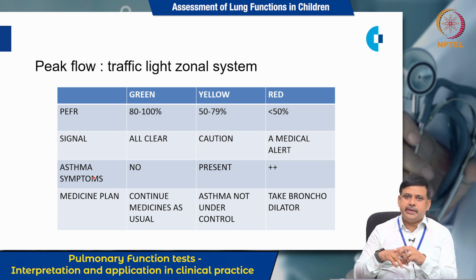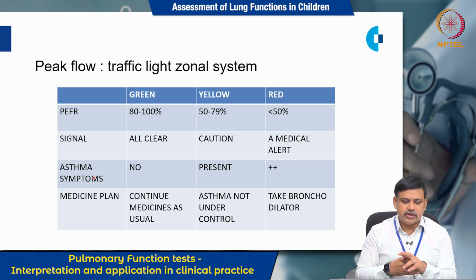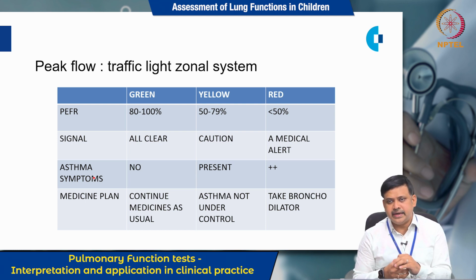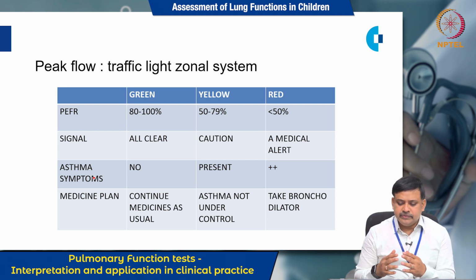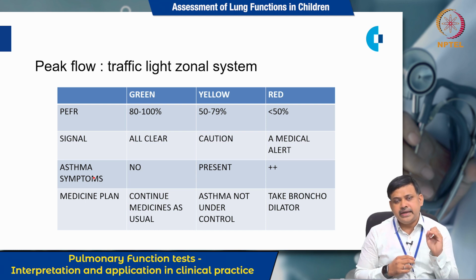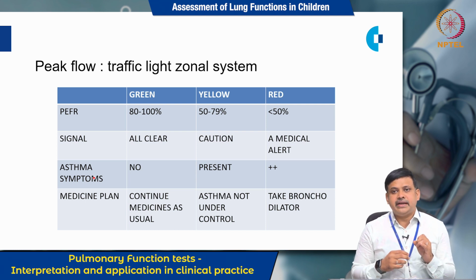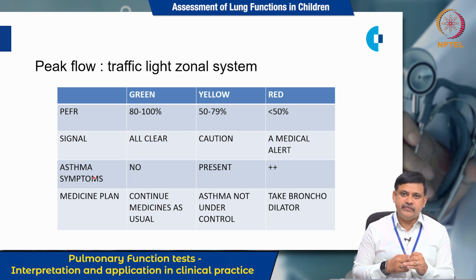How will you interpret the peak flow? It is like a traffic light zonal system. There are 3 zones: green, yellow and red. As you see, red is always on the higher side of concern, and we have to be very cautious with red. Here the PEFR value for green will be 80 to 100%, whereas for yellow it is 50 to 79%, and for red it is less than 50%.